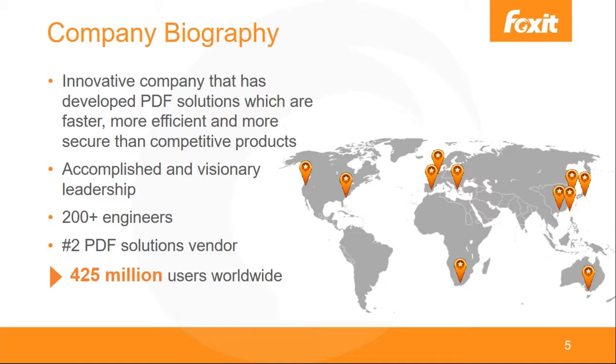We have 200 engineers, about a third of our company, so we're very focused on technology development. And we have 425 million users worldwide. Now, why is that important? It's not chest beating on our part. That number is important because whenever we introduce a new technology, such as ConnectedPDF that we're going to talk about shortly, we feel there's an opportunity for rapid adoption.